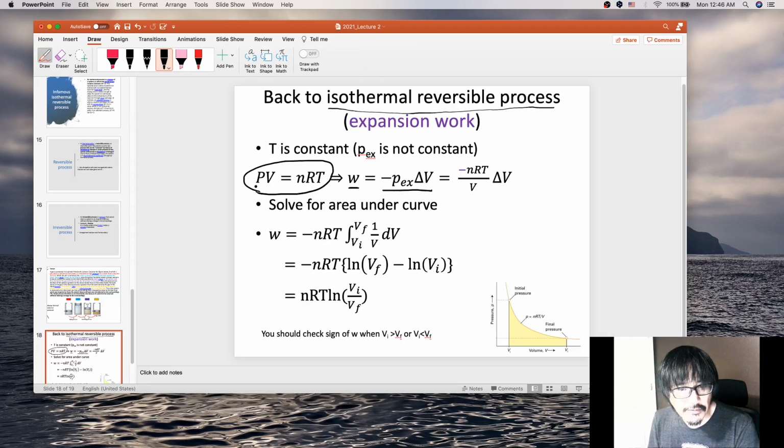But P right here is actually nRT over volume, right? So we can substitute the external pressure by this, right?